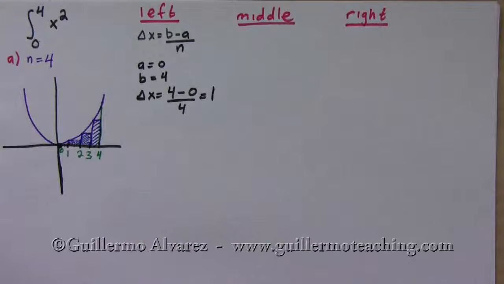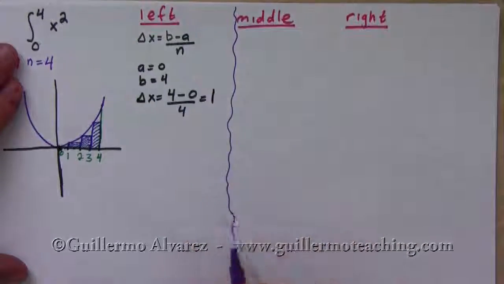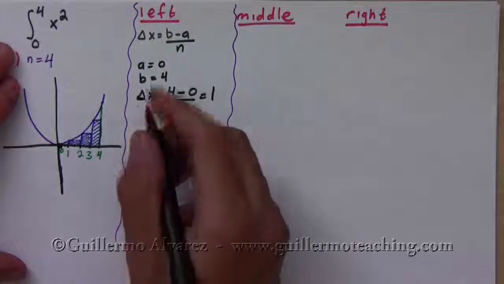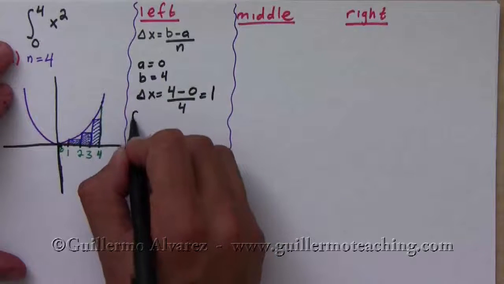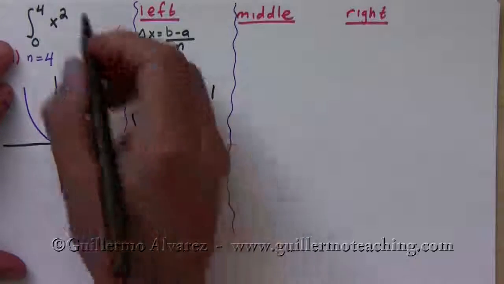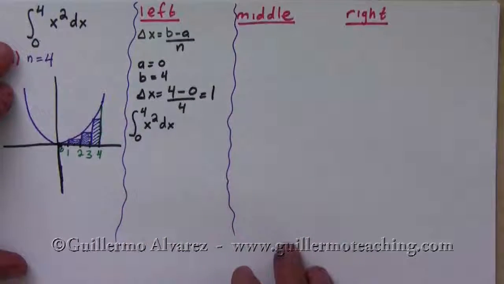So let's add these up. Let me separate this, make sure we don't go across. Okay, so using a left-hand approximation, the integral between 0 and 4 of x squared, oh sorry, I forgot the differential here, dx, whoopsie.